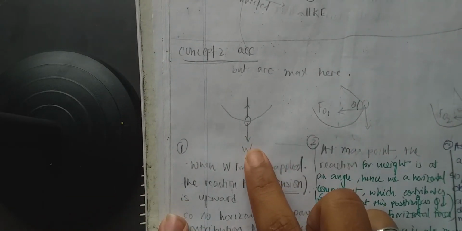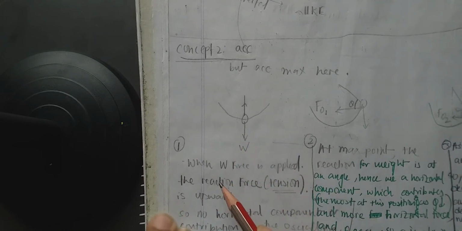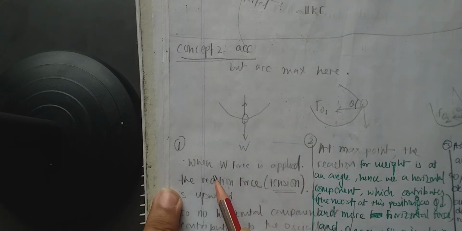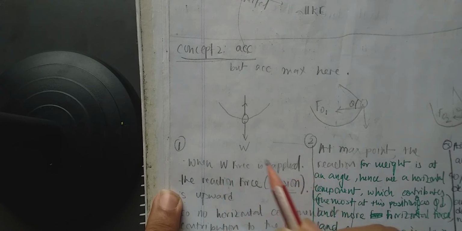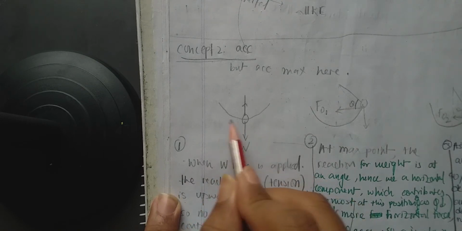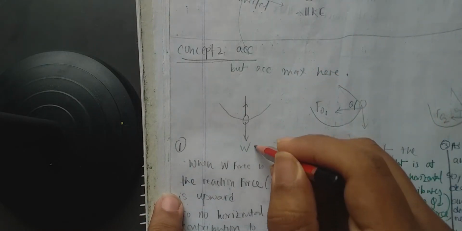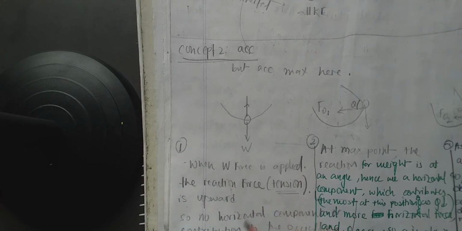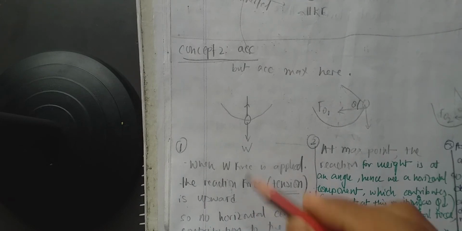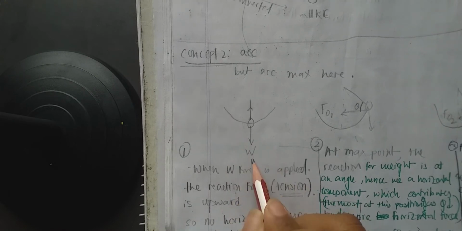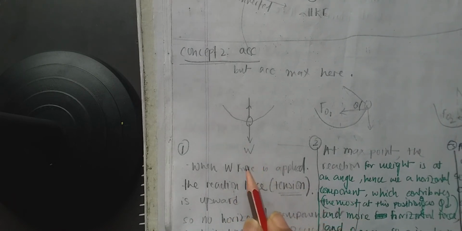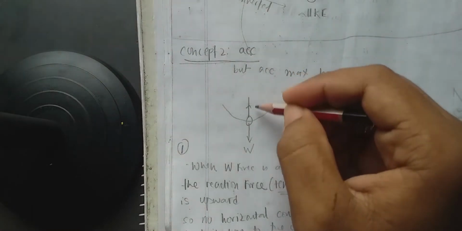So the first thing first, at equilibrium we said it's 0 because the acceleration will be caused by a horizontal force. So keep this in mind. And there is no external force given. W is the only force. So when the weight is there, the reaction force, the tension over here, is upwards.